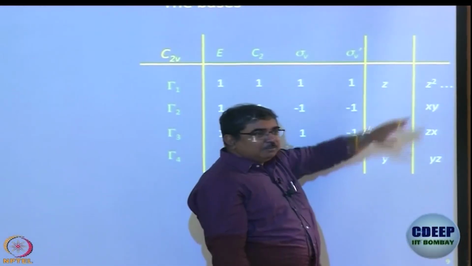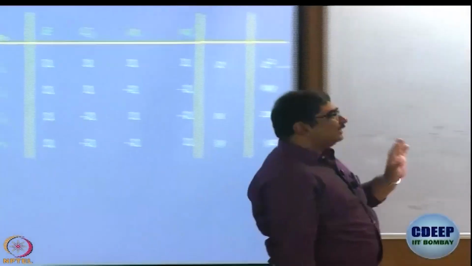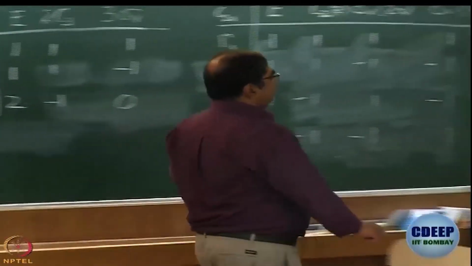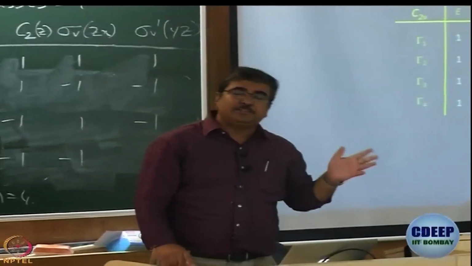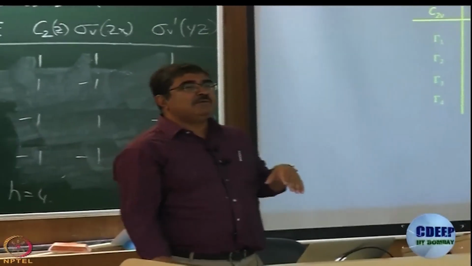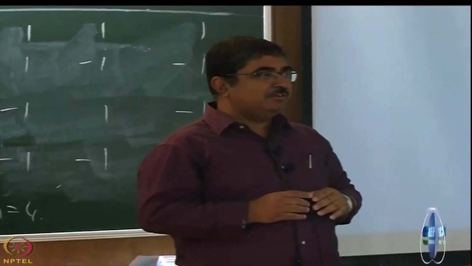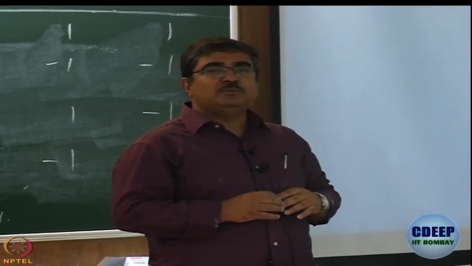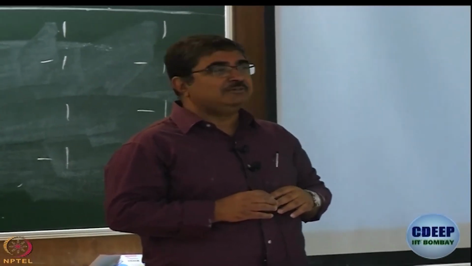So, before we come to the rotations, let us think whether we can give some name to these irreducible representations gamma 1, gamma 2, gamma 3, gamma 4, because nobody wants to deal with gamma 1, gamma 2, gamma 3, gamma 4, right.